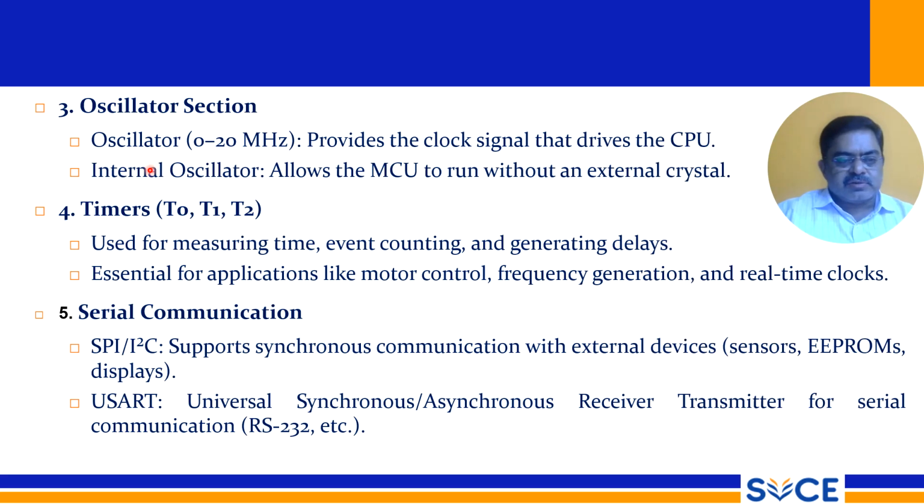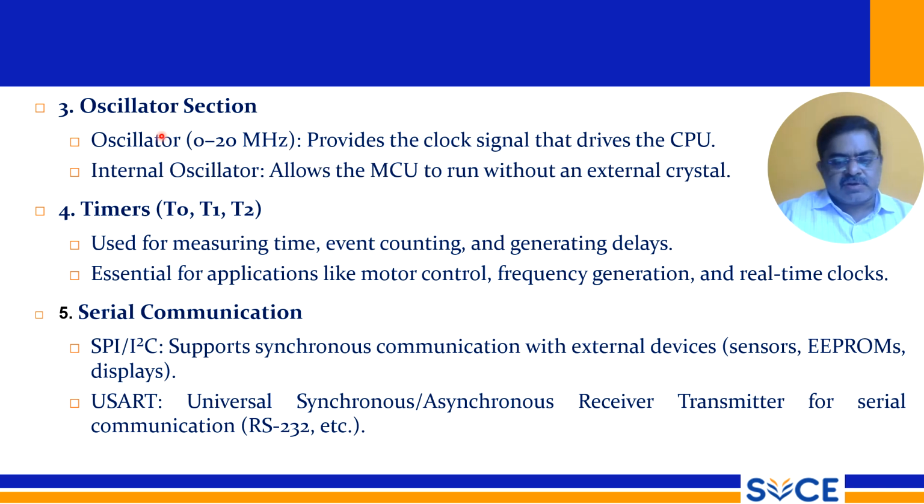Oscillator section. The oscillator is normally 0 to 20 megahertz and provides the clock signal that drives the CPU. The internal oscillator allows the MCU to run without an external crystal, so we have both.